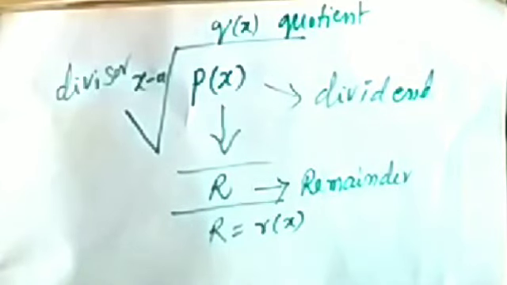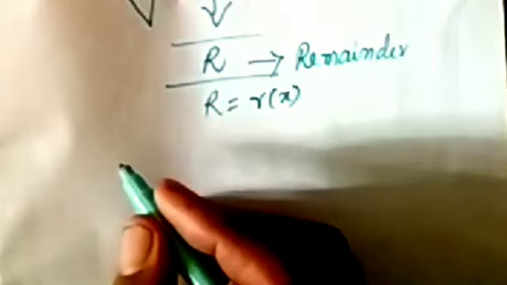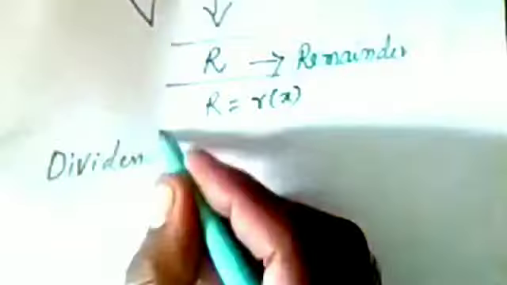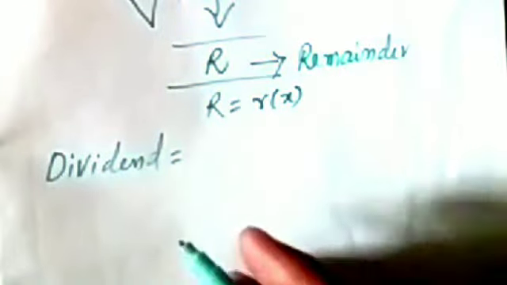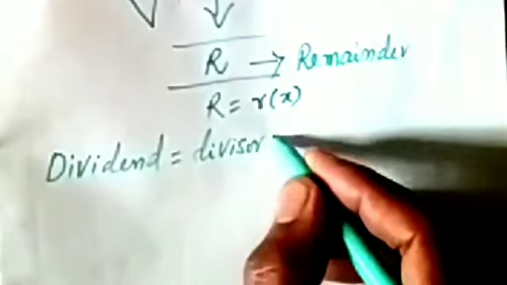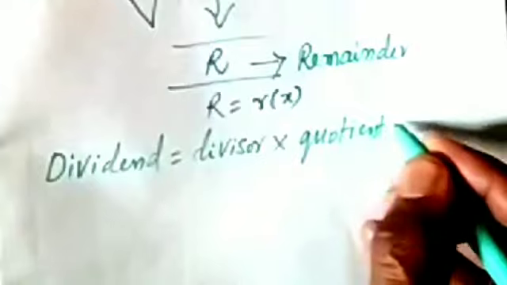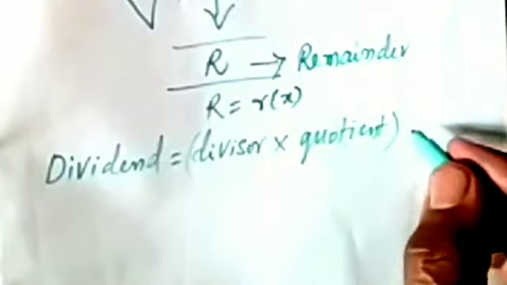Now, we can write the general form of the division or long division. So how do we check whether a division is correct or not? We can apply this generalization formula.